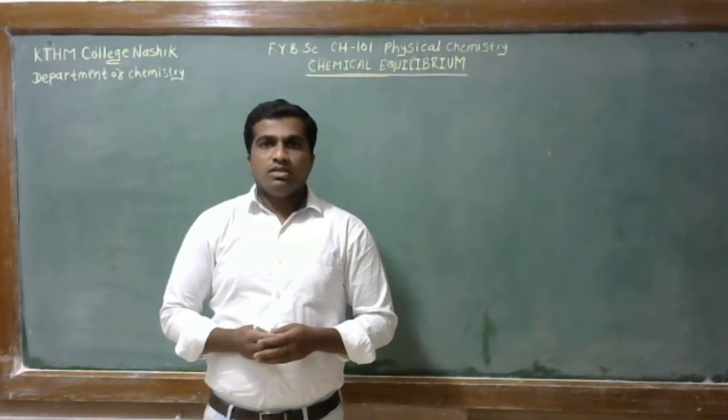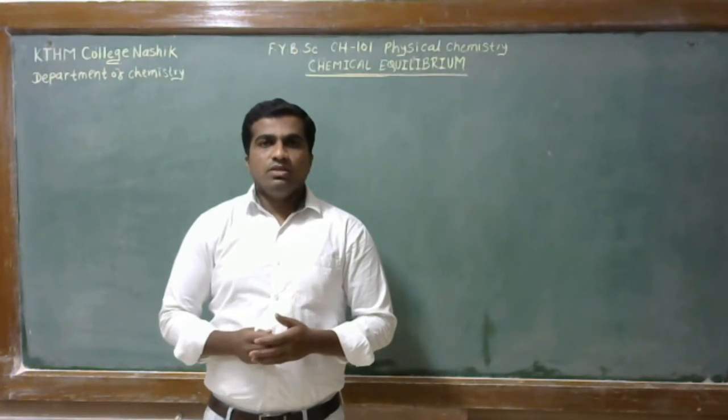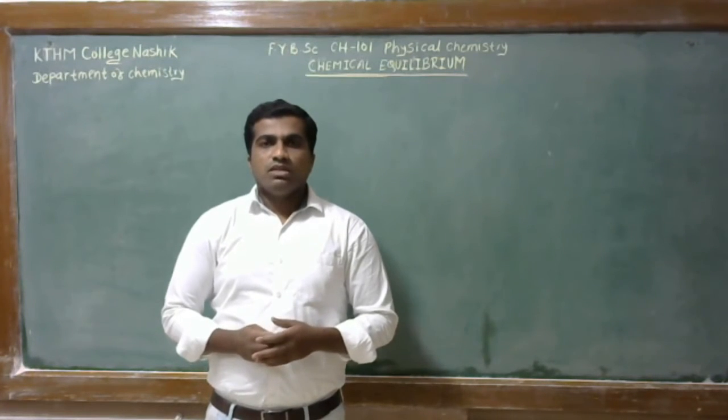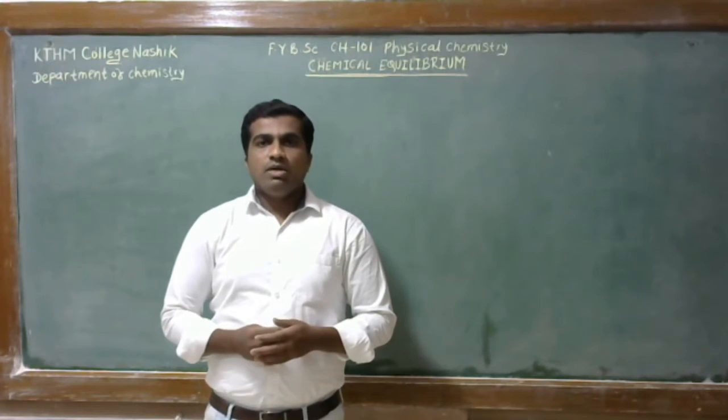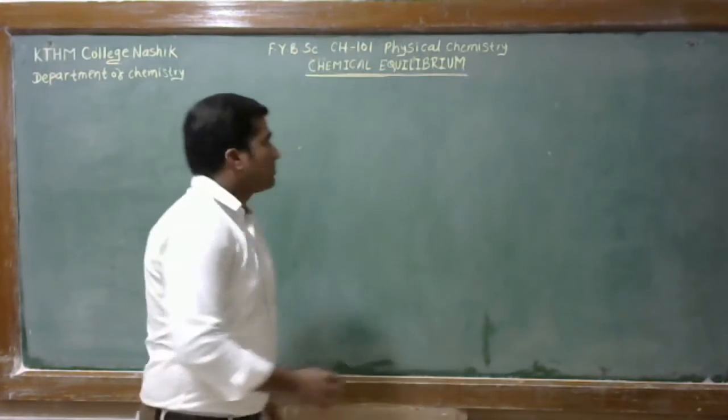So in this lecture we will discuss the law of chemical equilibrium, then the types of equilibrium. So let's start with the first topic, that is the law of chemical equilibrium.